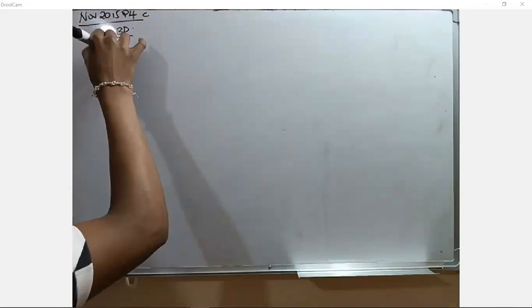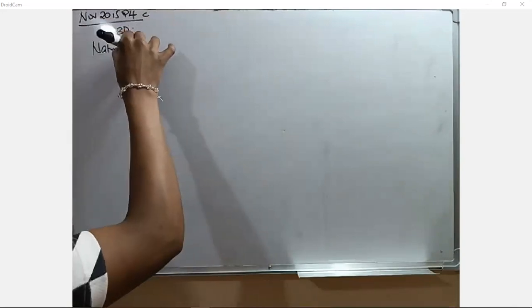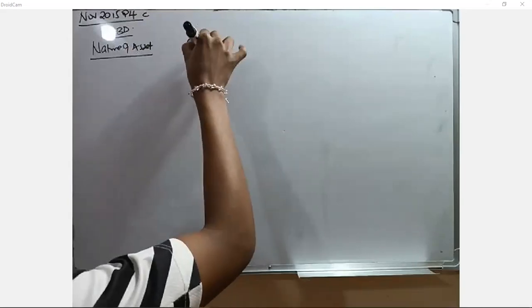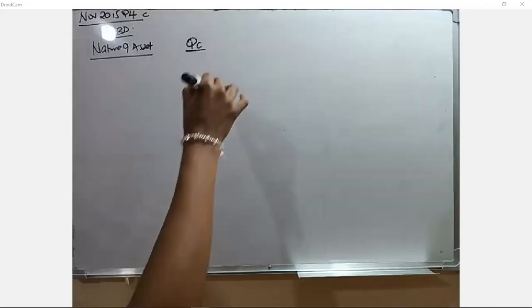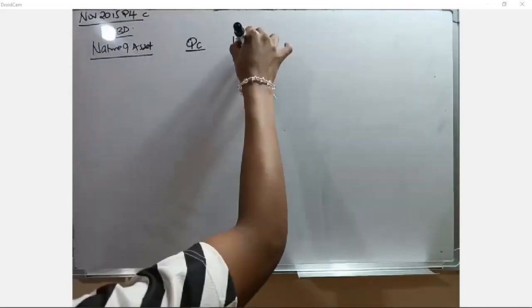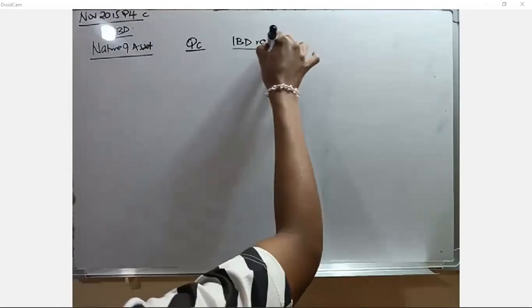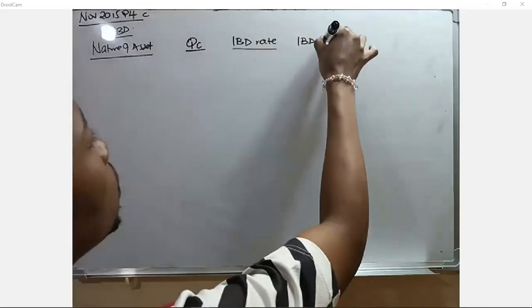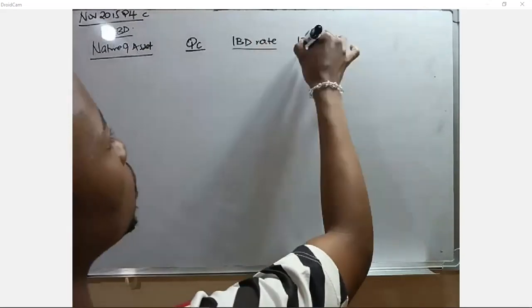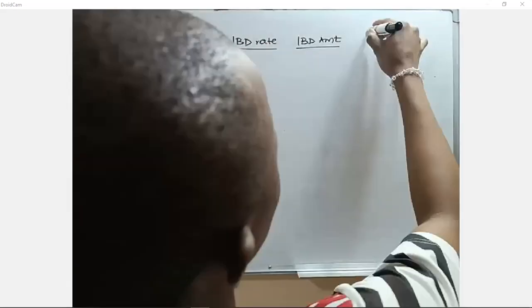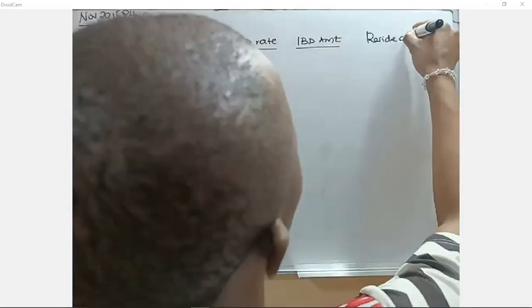So the format will be looking like this. We have the nature of assets, we have qualifying costs, we also have IBD rate, we have IBD amount, then we have residue, residue carried down.